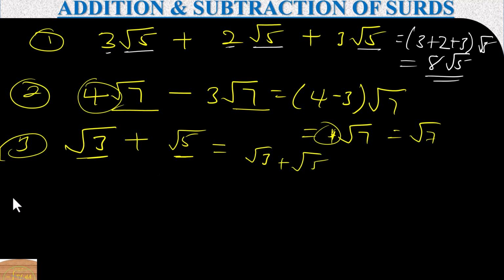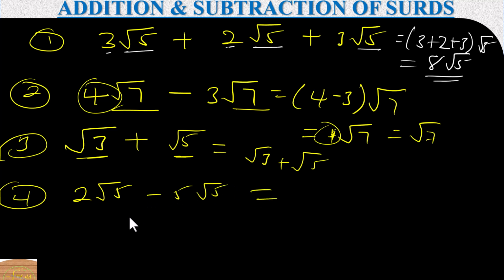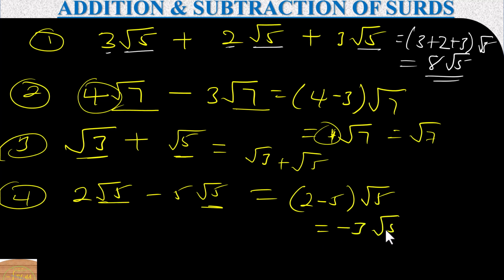Okay, so example 4: 2√5 minus 5√5. This one is of the same form, so we say 2 minus 5 times √5. Therefore, 2 minus 5 is minus 3, so we have minus 3√5.